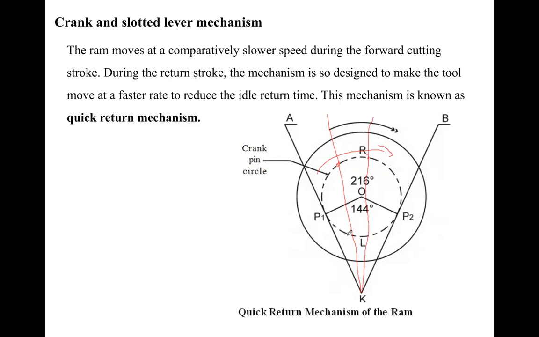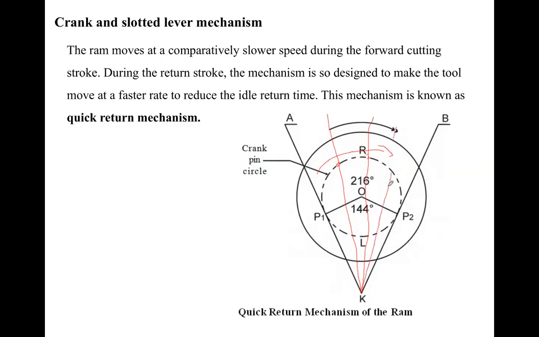The slotted lever moves in this direction, and when it comes to the extreme, the slider goes in this direction. After crossing here, when it comes back, at this particular point your slider is in this direction.